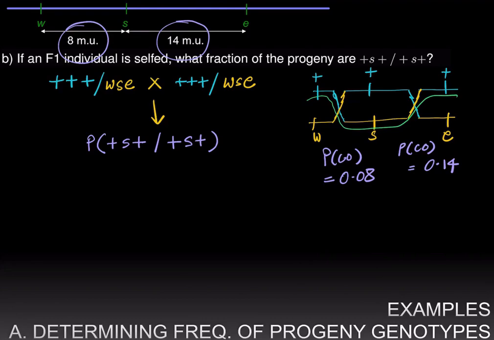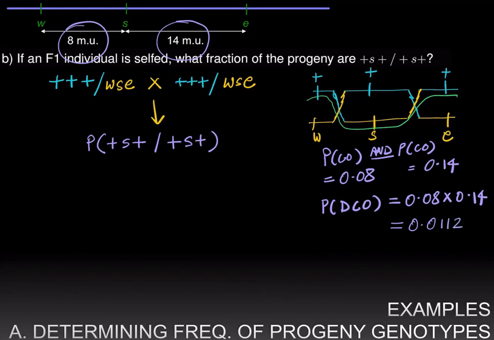And in order to get a double crossover, and therefore a plus S plus genotype, we must have a crossover between W and S and a crossover between S and E. So we can apply the product rule, so that the probability of a double crossover is 0.08 times 0.14, which is 0.0112.